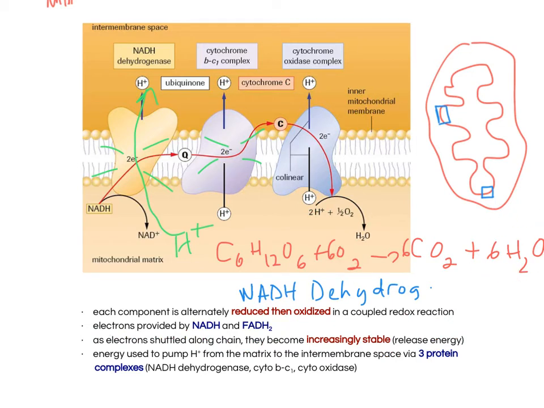The 2 electrons plus 2 positive ions will neutralize, and combining with the oxygen, I end up with water molecules. So we would say that the final electron acceptor in the electron transport chain is oxygen, and the final product of the electron transport chain is water.